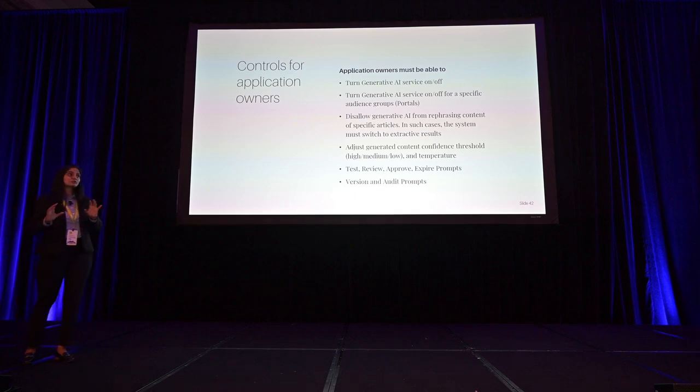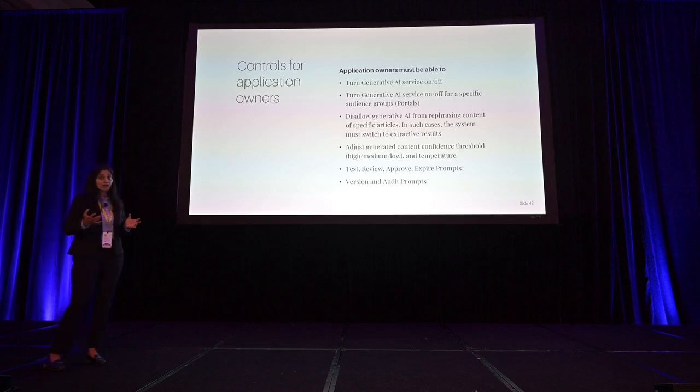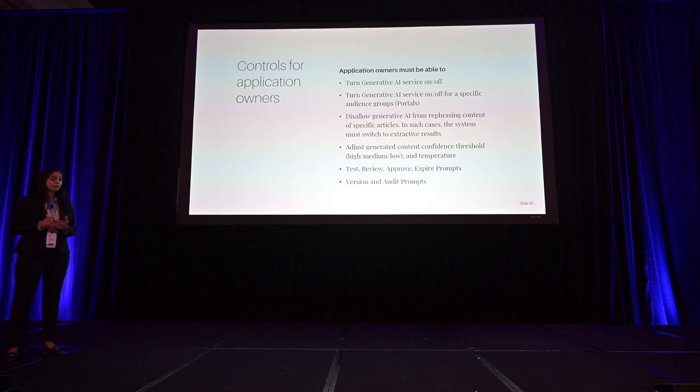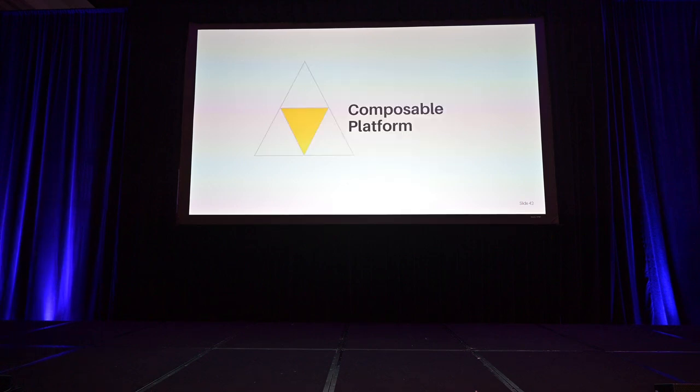So the ability to control that based on your business needs is absolutely required, and we've seen that being used pretty much everywhere where there's AI, whether it's instant answers or prompts. And then the ability to review, approve, and expire prompts, and version and audit prompts, which we talked about.